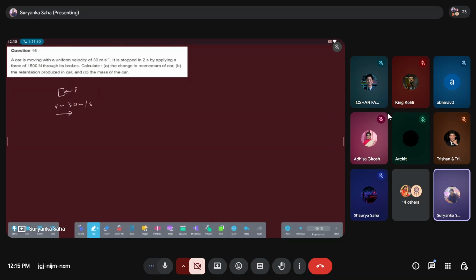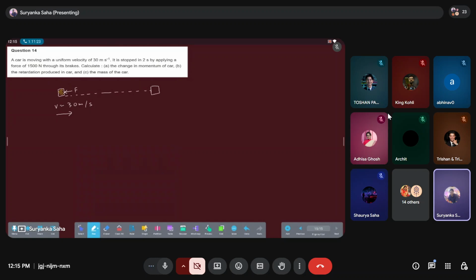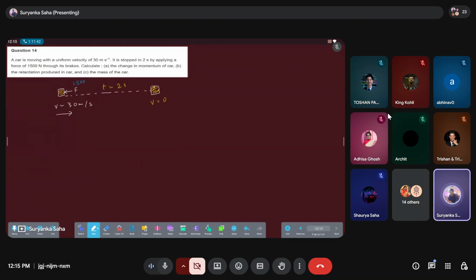After traveling for 2 seconds, the car finally stops over here. Stop means the velocity is 0. So the time duration will be 2 seconds, and the force applied is 1500 Newton. Let me write it also.